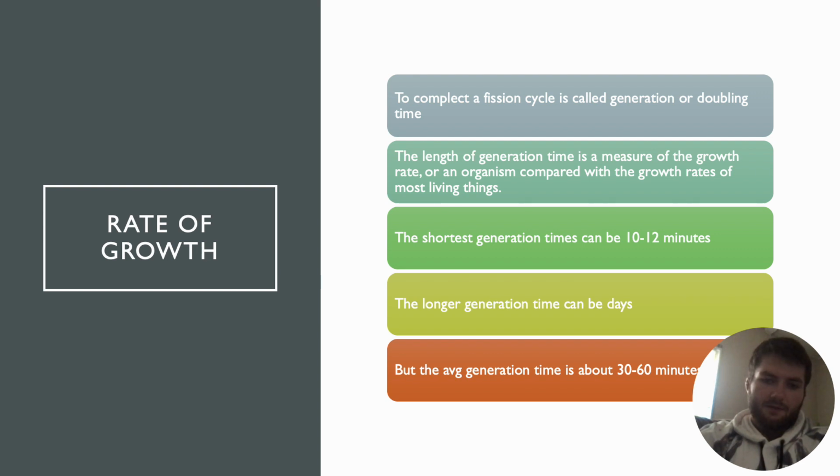The length of generation time is a measure of the growth rate of an organism compared with the growth rates of most living things. The shortest generation times can be 10 to 12 minutes. The longer generation times can be days. But average generation time is 30 to 60 minutes. So, I mean, this is how fast it can grow, the rate of growth, and all of that.